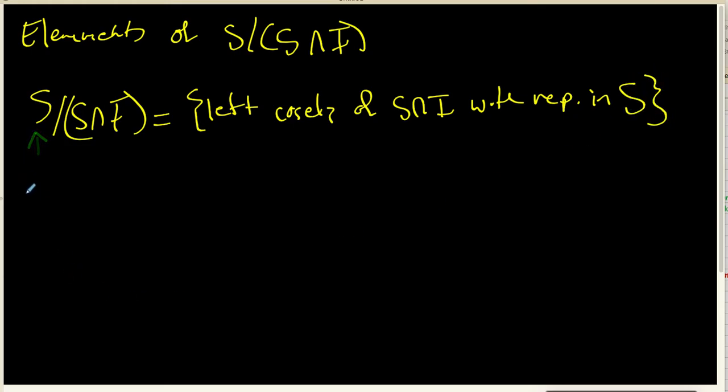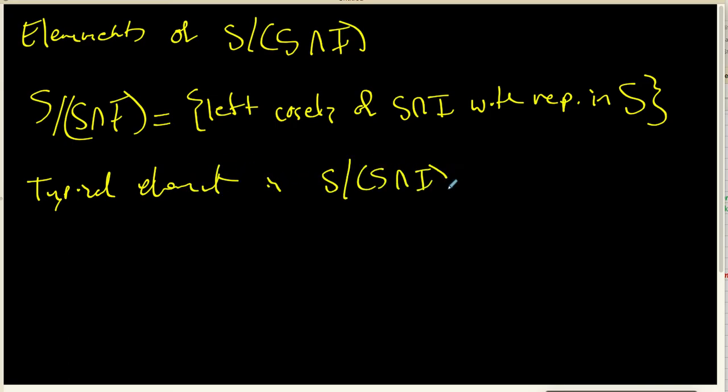In other words, the typical element in this quotient ring looks like s plus S intersect I.